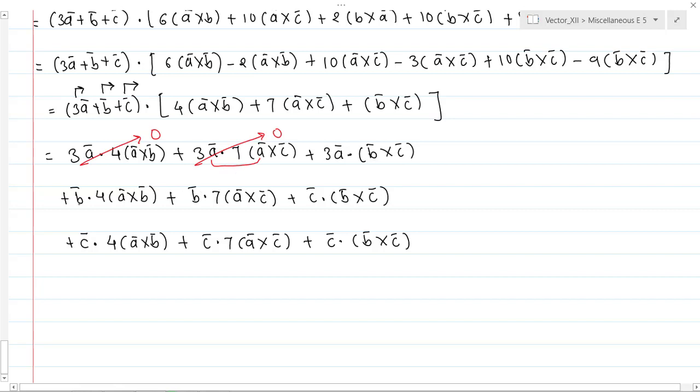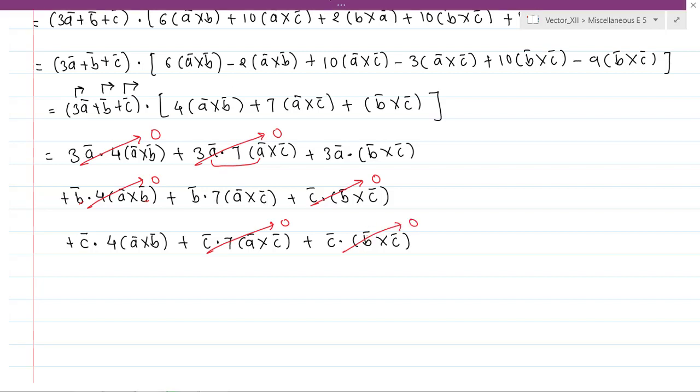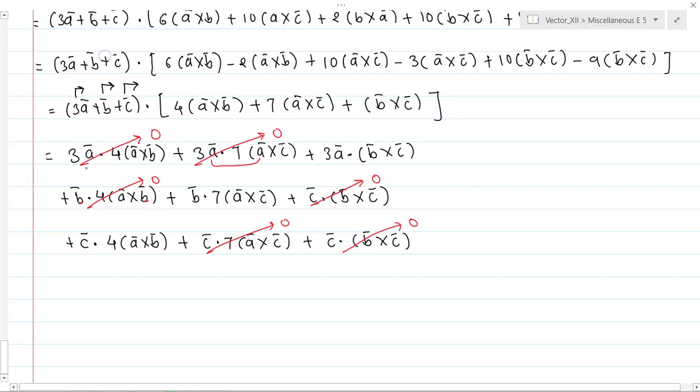Then we have B same, so that's why this goes to 0. No same, so it will not be equal to 0. Here we have C same, so it will be 0. And here we have again C same, it is again going to be 0. Okay, so what are the parts remaining then? So let's write down the remaining parts here.